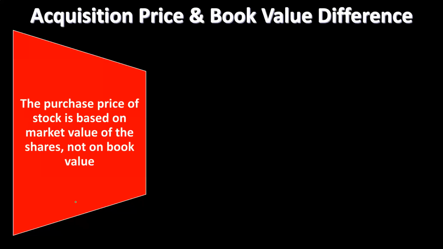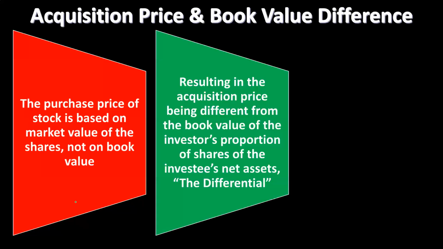But the point is, when you purchase the stocks, of course, you're looking at the market value of the stocks, which you would think would reflect the equity value of the organization, but it's going to be different than the book value of S organization, resulting in this difference we'll have to be dealing with. So this results in the acquisition price being different from the book value of the investor's proportion of the share of the investee's net assets, and that's going to be the differential.